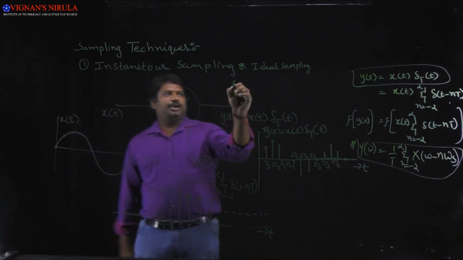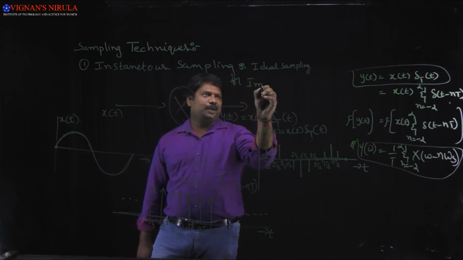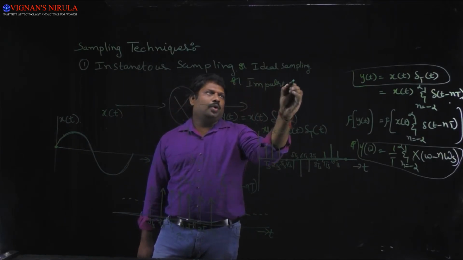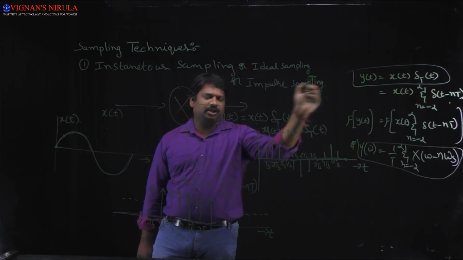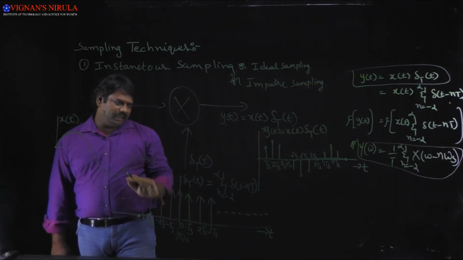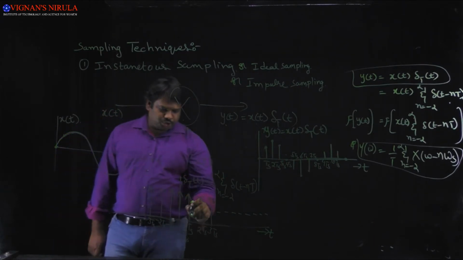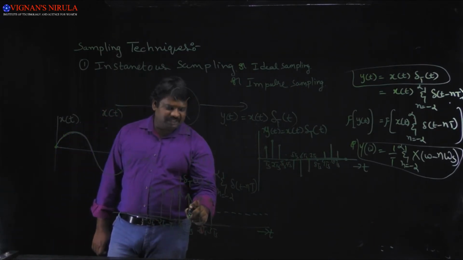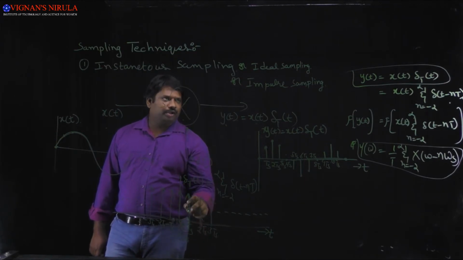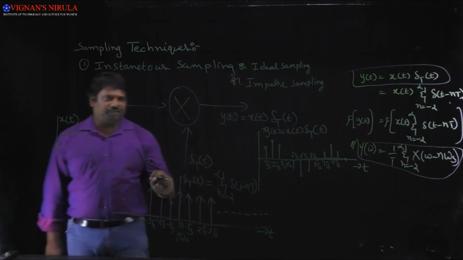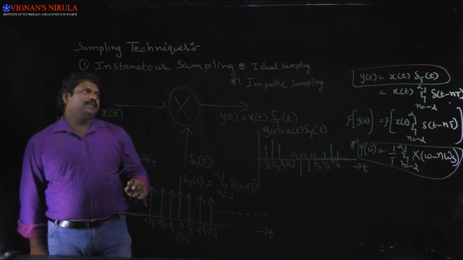Specifically, it is also called impulse sampling, as we are using a train of impulses function. As the duration of these impulses is very small, tau tends towards 0, this happens only in the ideal case. That's why it is called ideal sampling.